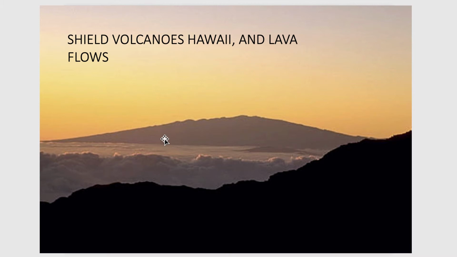And one thing we didn't mention in the previous lecture is that shield volcanoes tend to keep an inclination on the order of 5 degrees in the top part of the shield, and then usually they get steeper away from the summit of the volcano.